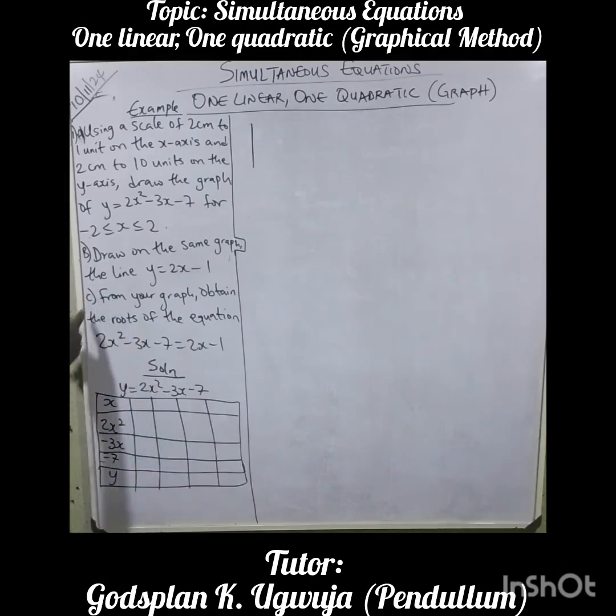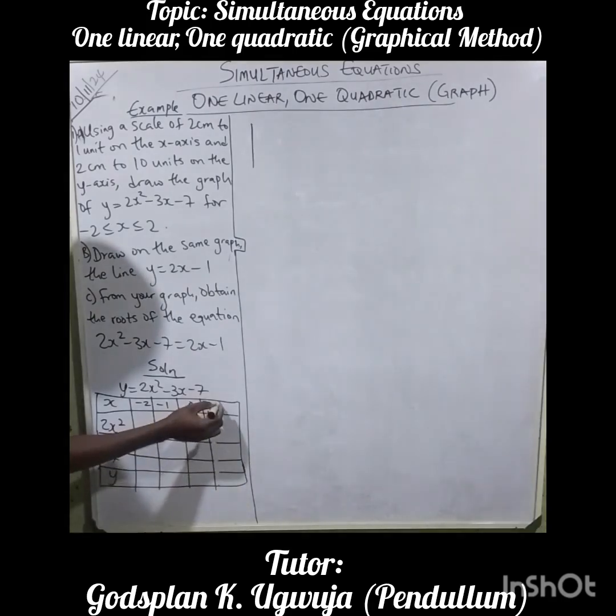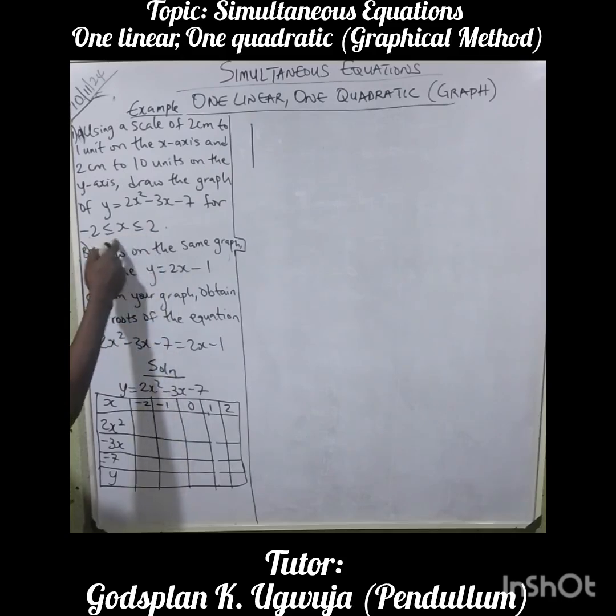Now our values of x are from minus 2 to 2. So we have minus 2, minus 1, 0, 1 and 2, covering this range of values.